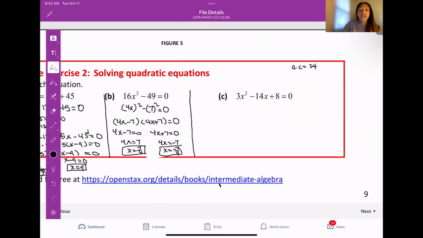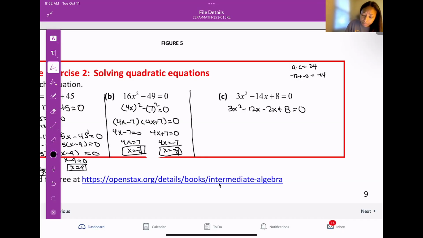Factors of 24 that add to negative 14: negative 12 and negative 2. Okay, so we're going to break up the minus 14x into minus 12x minus 2x. This would be 3x squared minus 12x minus 2x plus 8 equals 0.